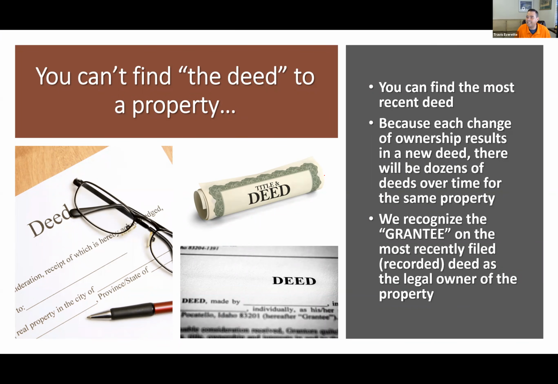There is no such thing as the deed to a property. It's not a car. It doesn't have a title. Cars have a title. Cars have a piece of paper. But here's what I mean by that. A car has a title. No matter how many owners that car has, how many pieces of paper is it going to have called the title? Just one. And you can look at the title and see everybody who's ever owned that car.